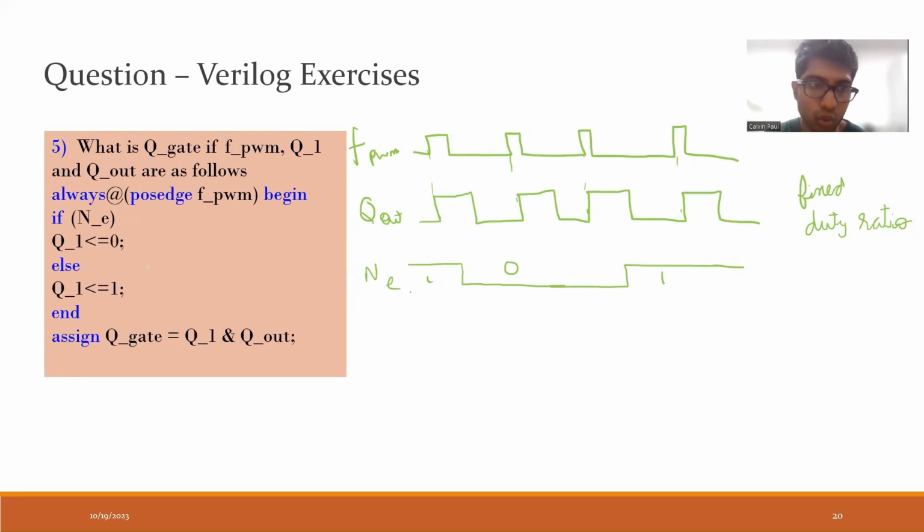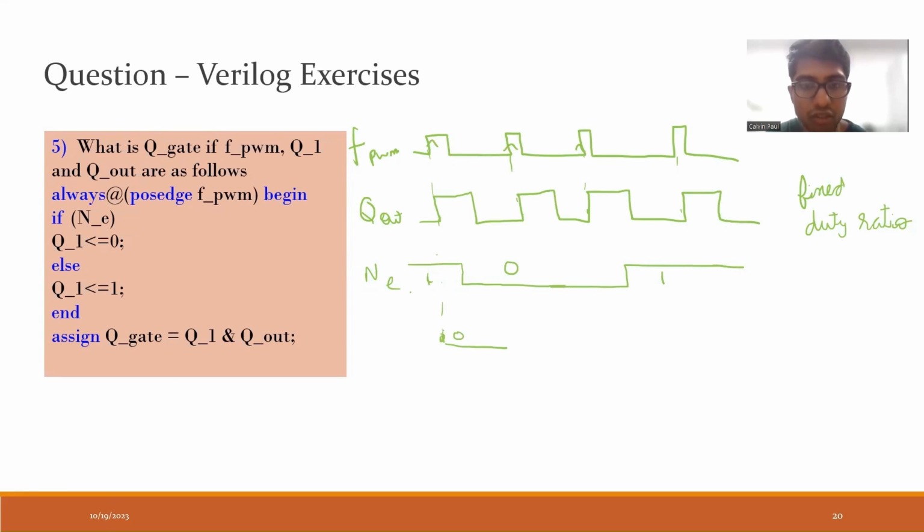So what does this code say? It says that at the positive edge of my FPWM, it will go in and check NE. If NE has the value 1, my Q1 will be 0, regardless of what it was prior. So my Q1 over here is 0 at this positive edge.